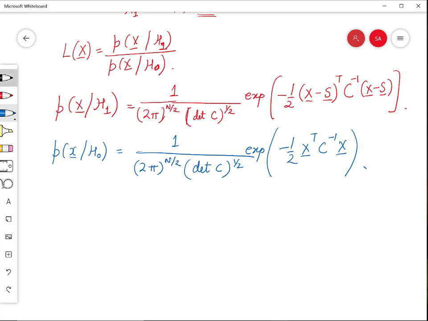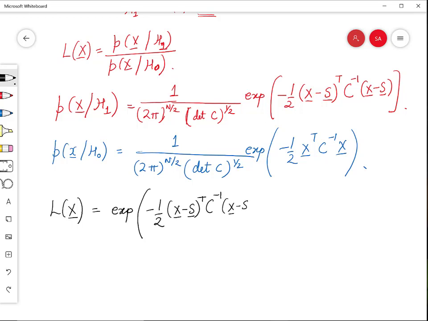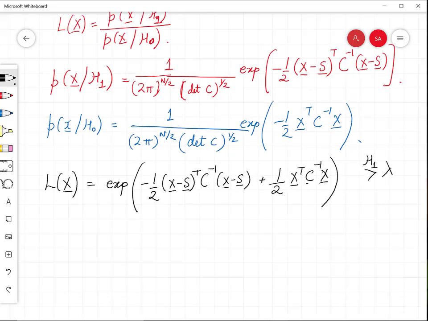Now let's take the likelihood ratio, where we divide the two. We get exponential of minus half x minus s transpose C inverse x minus s plus half x transpose C inverse x, which is greater than lambda to decide hypothesis H1 is correct.